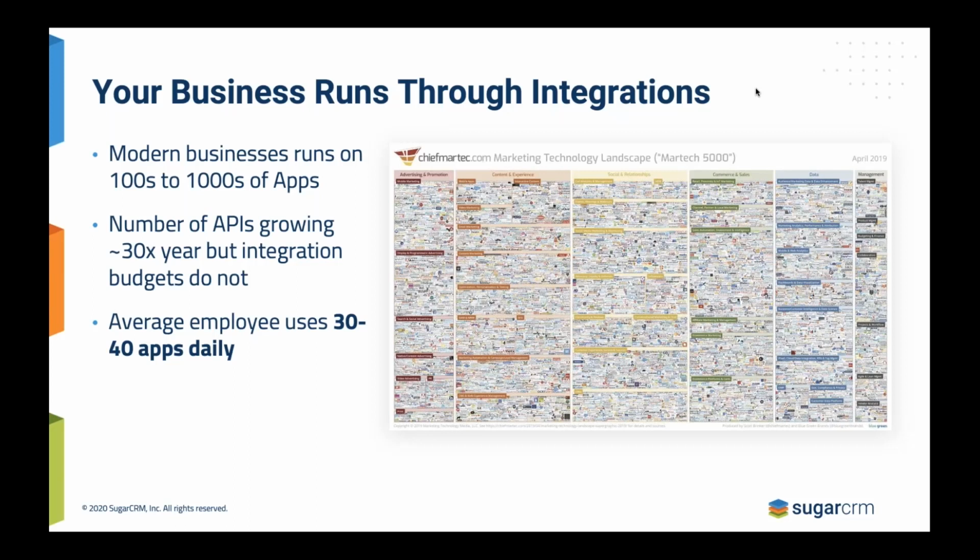Previously, only large organizations with big IT budgets could use these integrations as a competitive advantage to better understand their customers. Whereas if you look at smaller companies who can't afford to build and maintain all of these integrations, they're left to pick and choose based on the priorities that they have. Next slide.